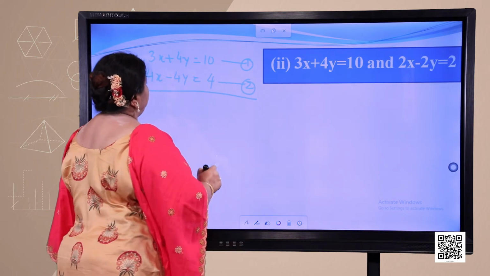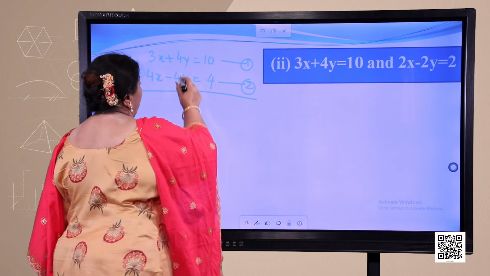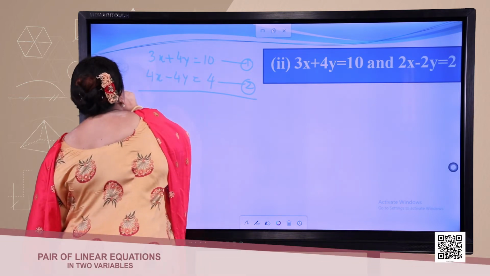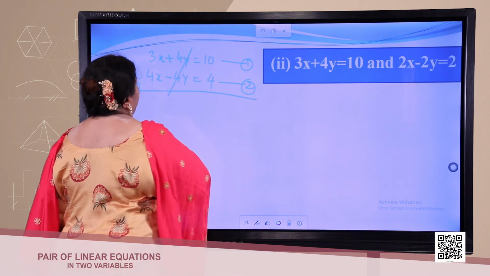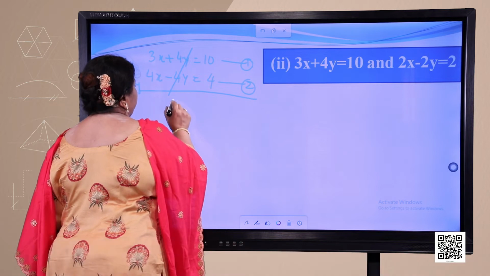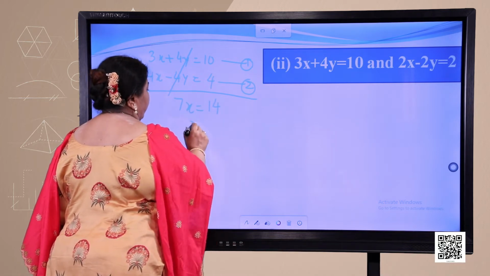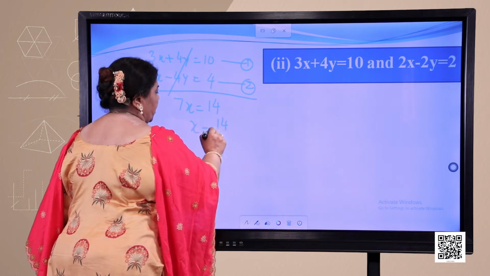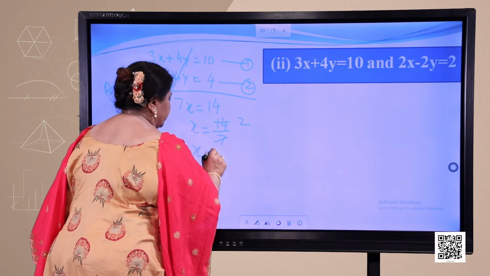Now, we can see the signs of y coefficients are opposite. Here, we will be adding these equations. We have 3x plus 4x as 7x is equal to 14, or x is equal to 14 upon 7, that is equal to 2. So, value of x is 2.